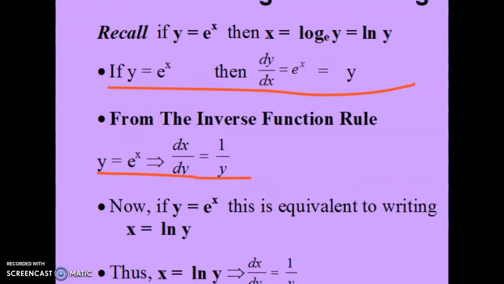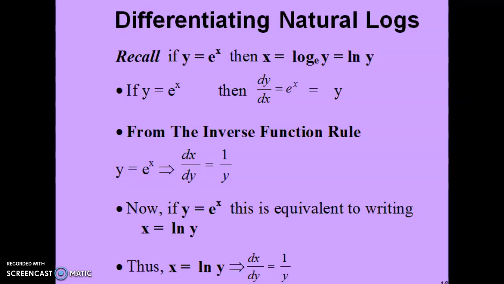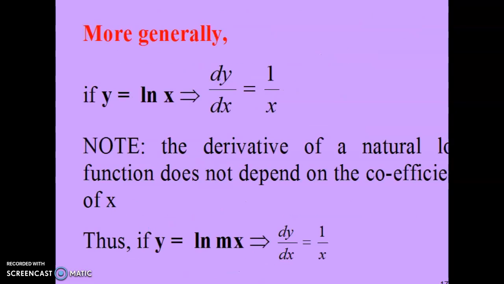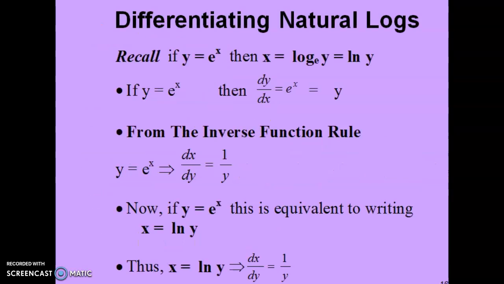Okay, now we have ln. Want to differentiate ln x. How do we do it? Now if y is equal to e^x, x is equal to ln y. Okay, let's see where this goes. Want to see how we differentiate ln x.